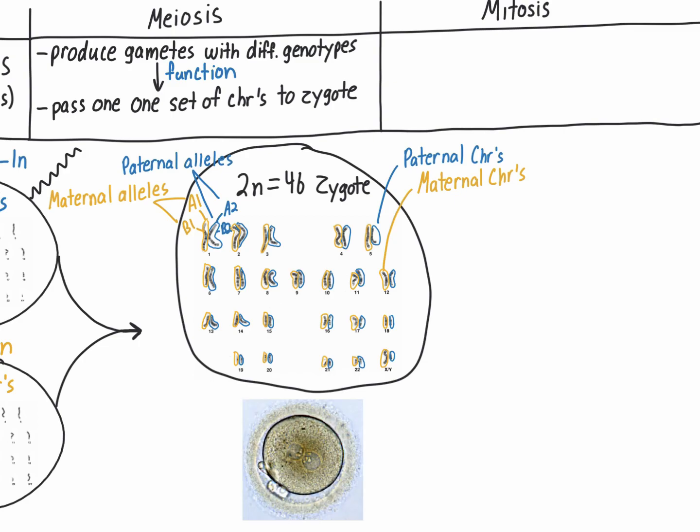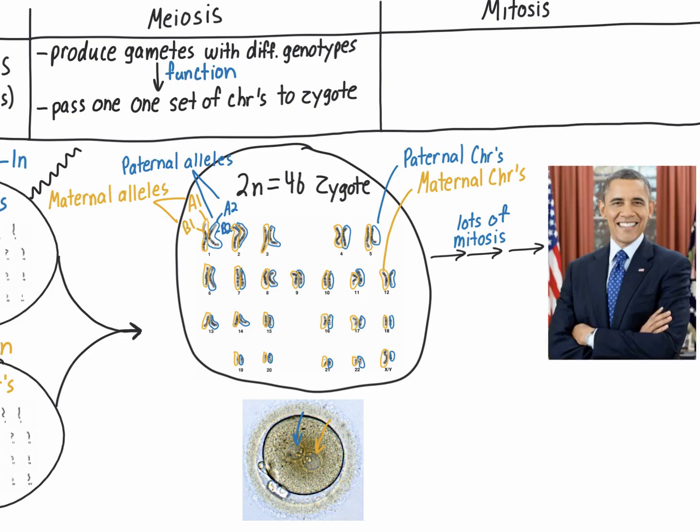Here's a real zygote, and you can see the nuclei that came from the sperm and the egg. As we saw before, the zygote then undergoes many rounds of mitosis to produce an adult. So mitosis builds a multicellular organism from a single cell, the zygote.